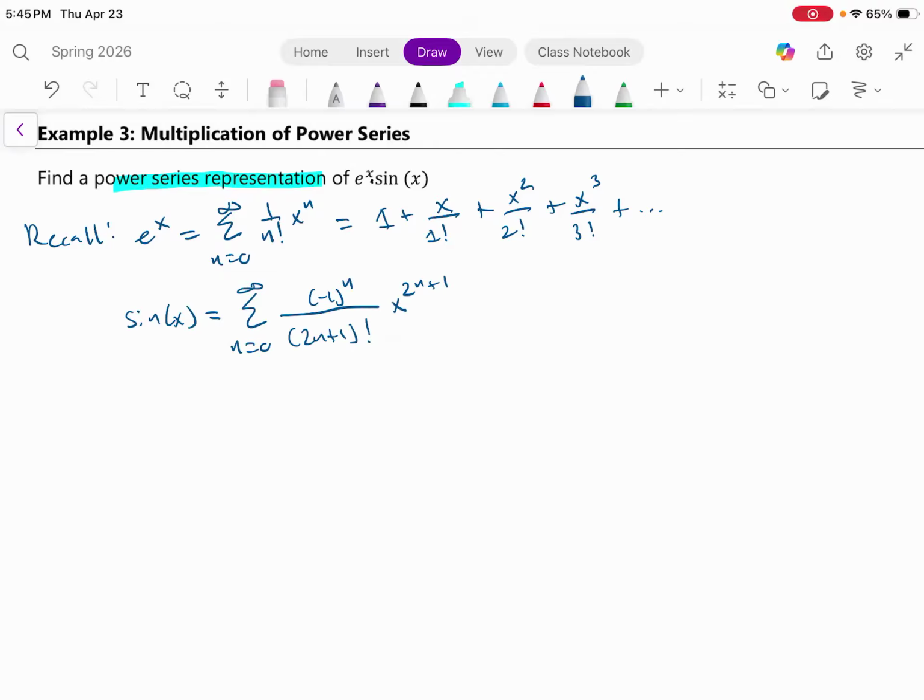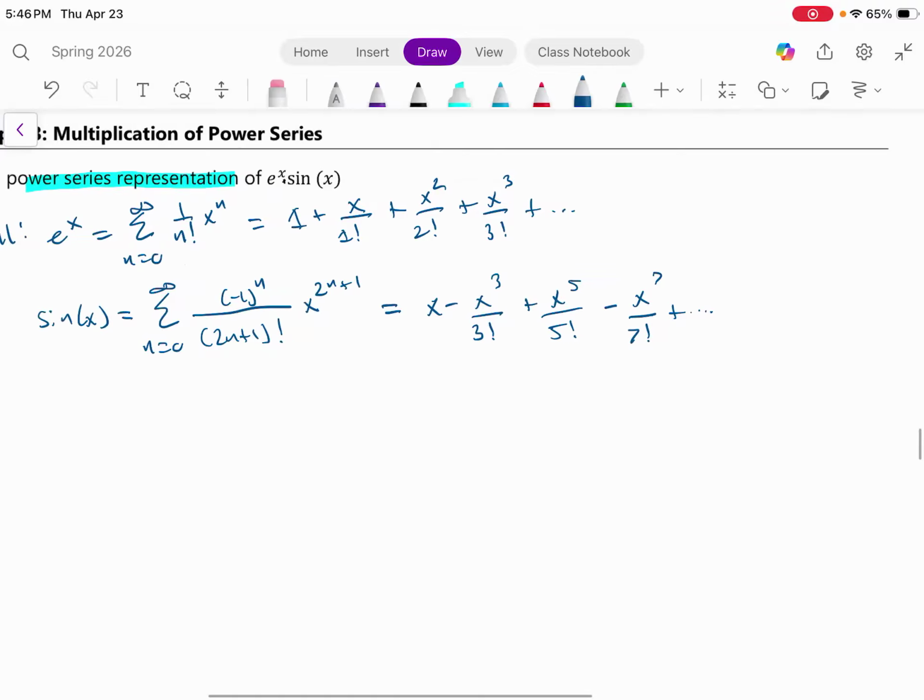The first couple terms are x minus x cubed over 3 factorial plus x to the 5th over 5 factorial minus x to the 7th over 7 factorial, etc. We want to use these facts together, and we could say something about the interval of convergence. They're both negative infinity to infinity.